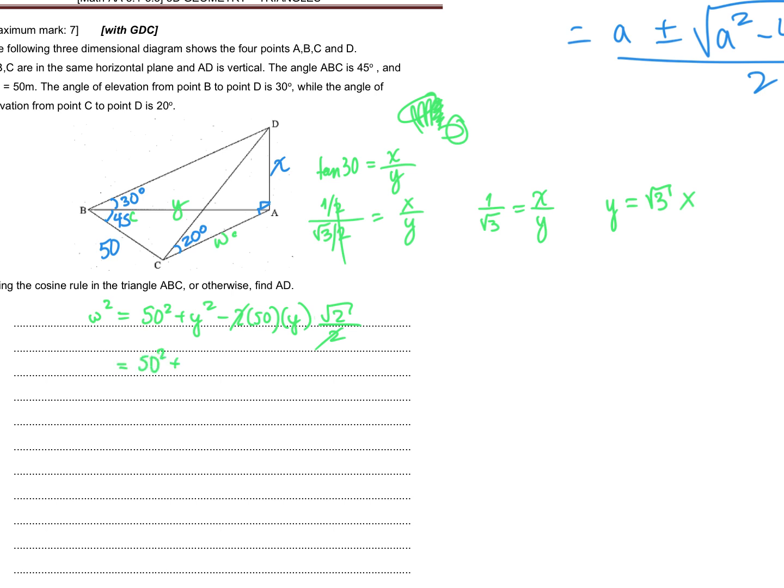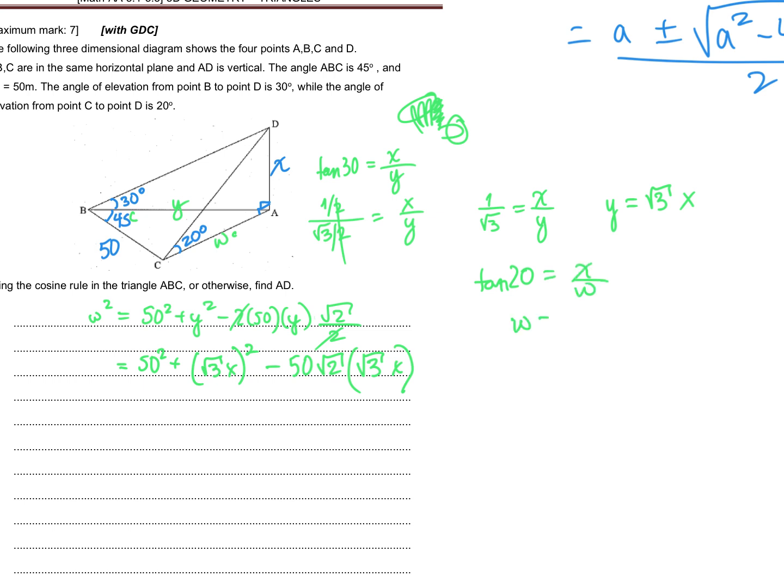50 squared plus root 3 x squared minus 50 root 2 y, which is root 3 x. Okay. The other triangle, this one over here, we're going to have tangent 20, which is not a special angle, equals x over w.